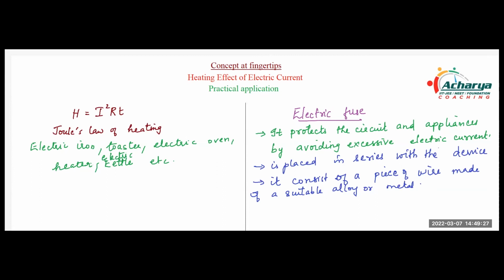This metal or alloy should have the required resistance, so that it appropriately sends the required current through the circuit, and no excess current is permitted. This could be aluminum, copper, iron, lead, etc., depending on the application and the current requirement.